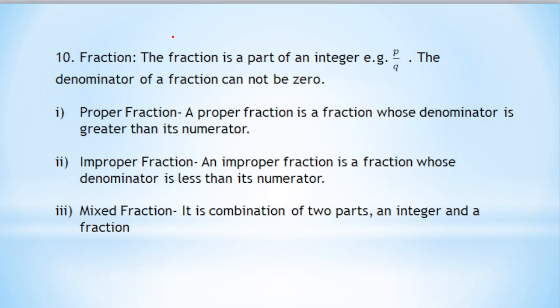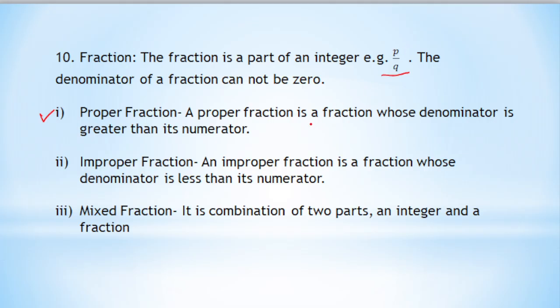Now fractions. The fraction is a part of an integer, for example p by q format. The denominator of a fraction cannot be 0. Now fractions are divided into three types. First, proper fractions. A proper fraction is a fraction whose denominator is greater than its numerator.